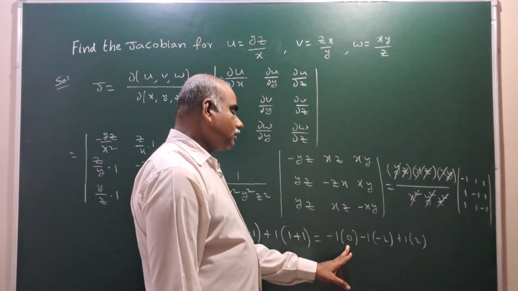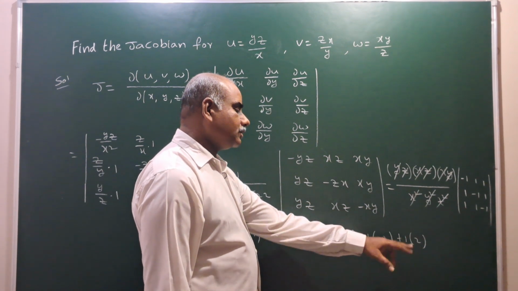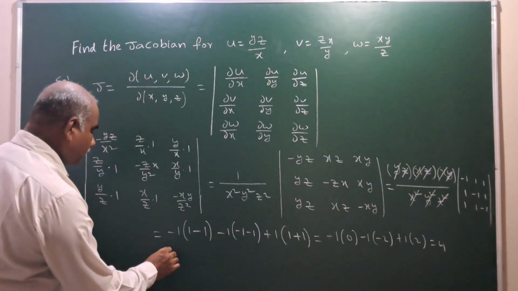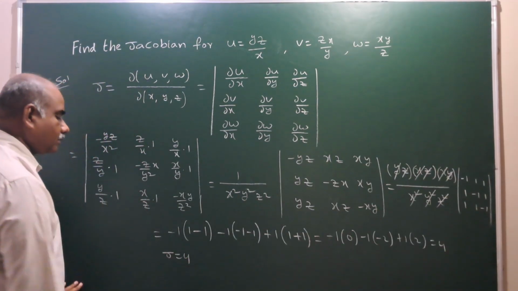That is 0, plus 2, plus 2, which is equal to 4. Therefore, finally, the Jacobian is equal to 4. Okay. Thank you.